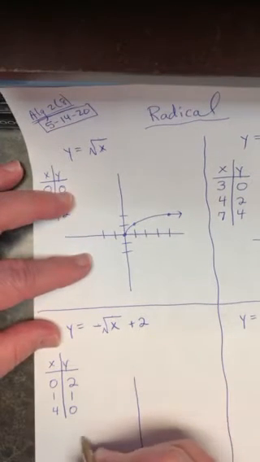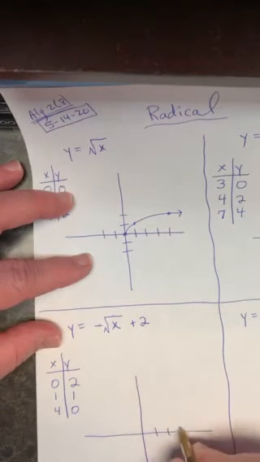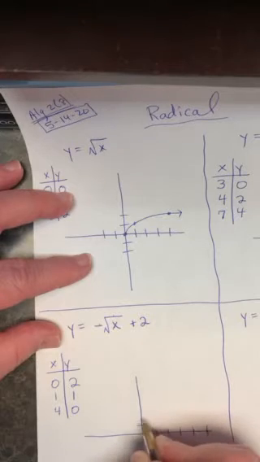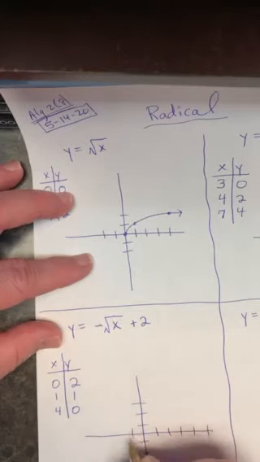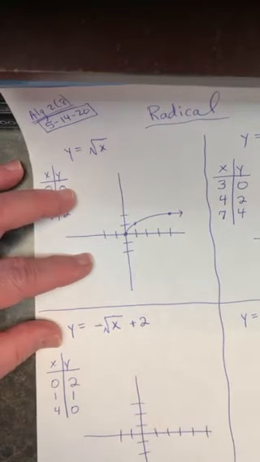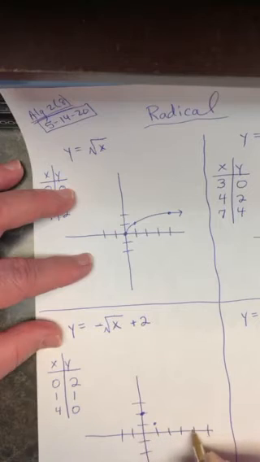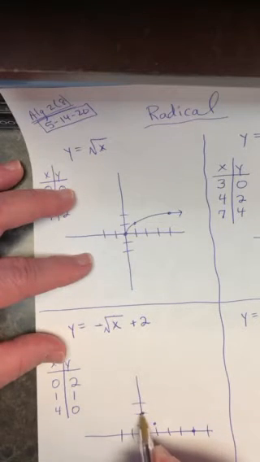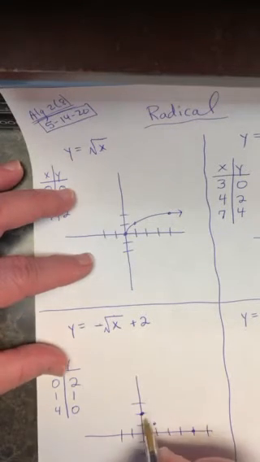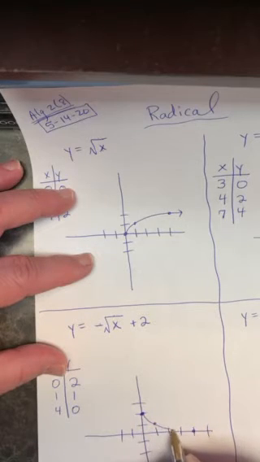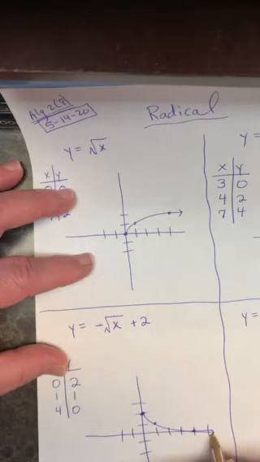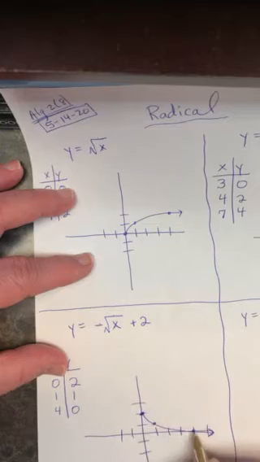So on this particular graph, I'm going to go 4 or 5 to the right, a few up, a couple down, a couple left. 0, 2 is here. 1, 1 is there. And 4, 0 is there. So if this was my starting dot, look where my pen is, and I connect these with a curved shape, it comes down through and looks like that.